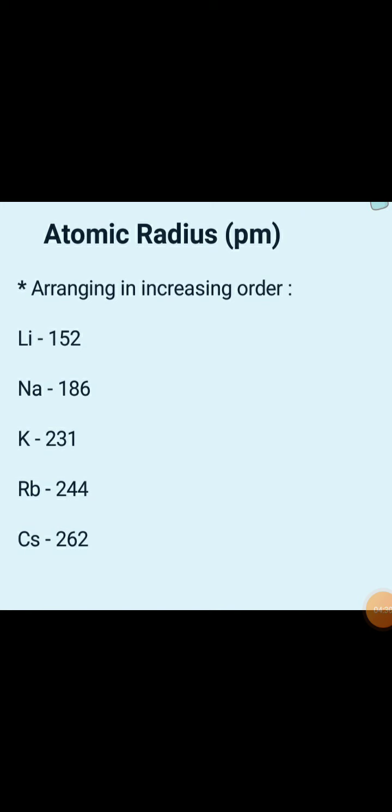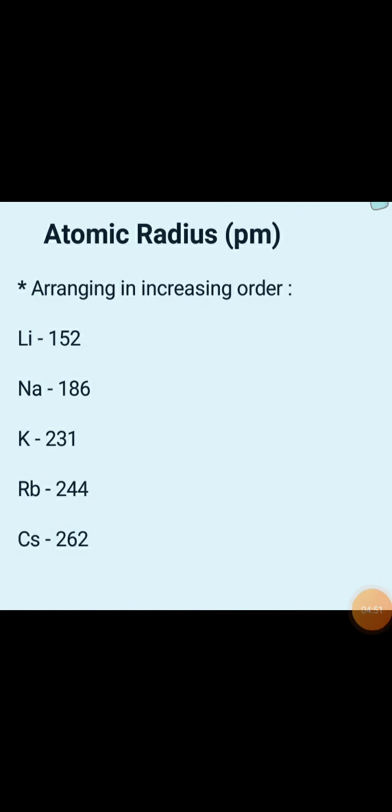And if you observe, these are the elements arranged in group 1: lithium, sodium, potassium, rubidium, cesium, and they are in increasing order of atomic radius.